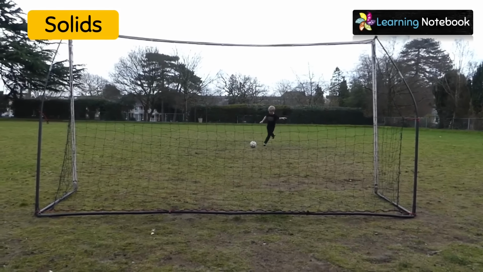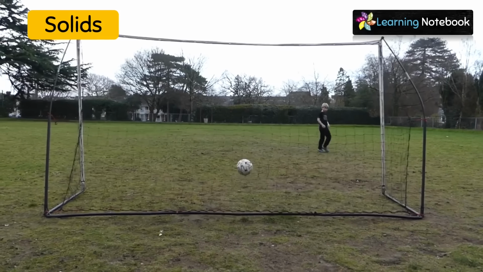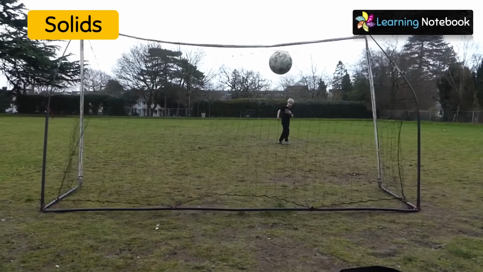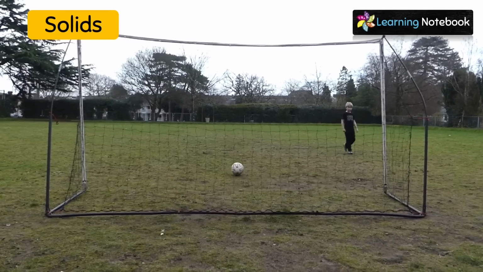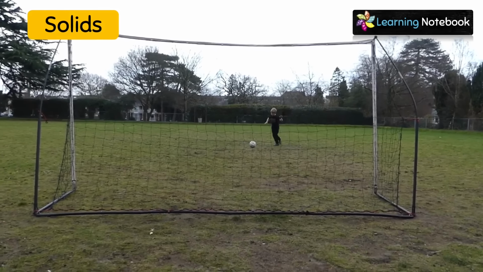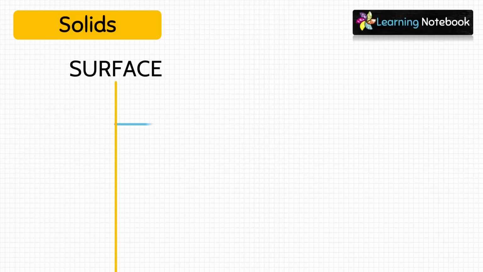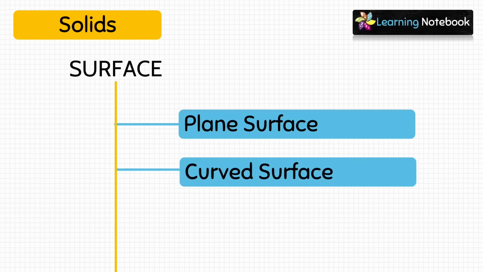So this ball is called a solid because any object that occupies space is called a solid. Now all solids have a surface, and a surface can be a plane surface or a curved surface.